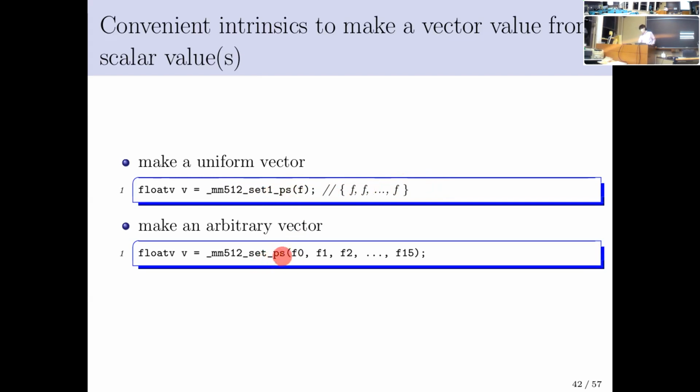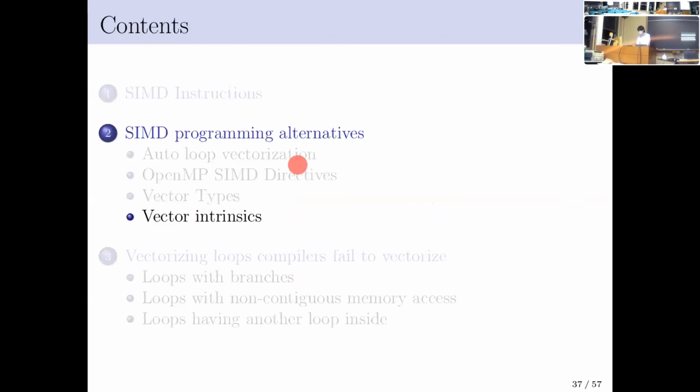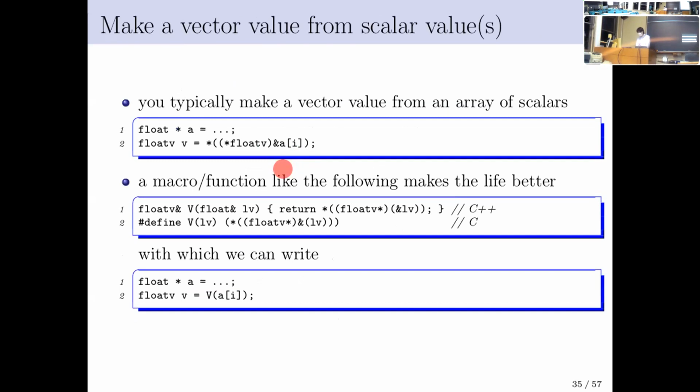And here's a slightly different version that takes 16 distinct values explicitly. It takes 16 arguments and makes a vector of 16 floating point numbers. This is exactly what I explained before in another way, something equivalent to this, but explicitly taking 16 different values as function arguments.